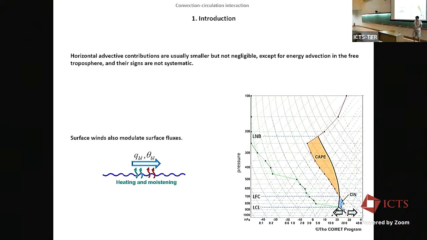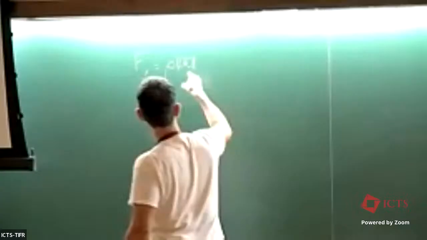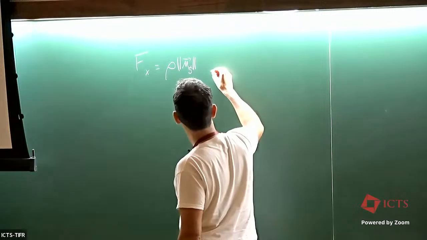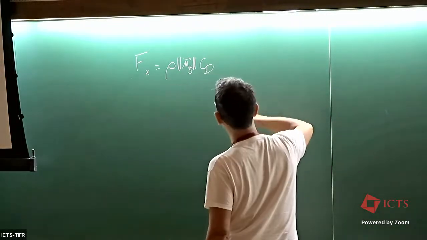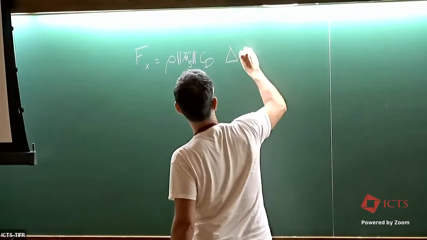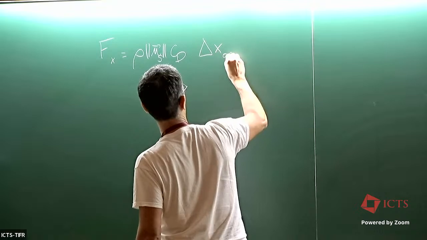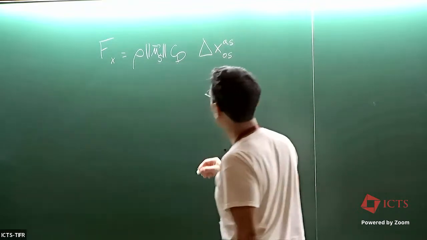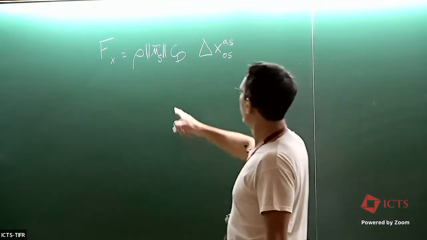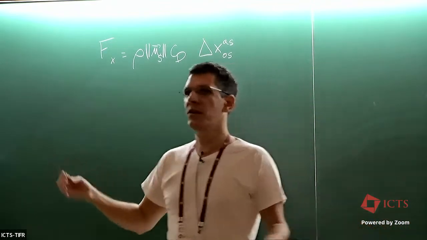Because if you just take the simplest model we have for fluxes, you have the flux of any variable that's going to be equal to the density, then the speed of the wind at the surface, and then a coefficient, the drag coefficient, and then the difference of that variable x between the water at the surface and the atmosphere at the surface. Okay? So if you increase just the speed of the wind, you increase the surface fluxes.